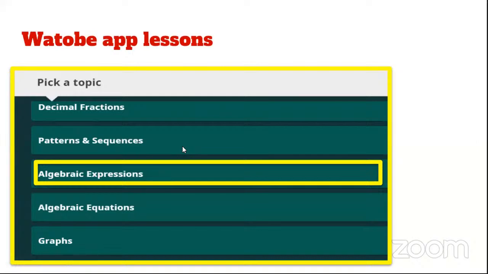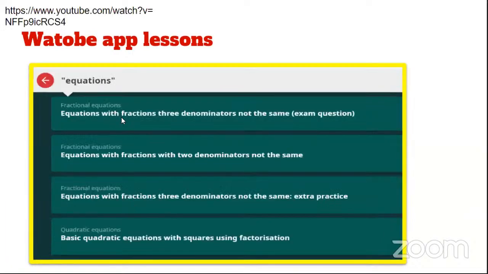An alternative way to find this is to just go to the app and search equations. After you search equations, you'll be able to see all the equation topics pop up. At that point, you'll be able to find equations with fractions, which is what we'll be doing next week. And be sure to complete as many exercises as you can.